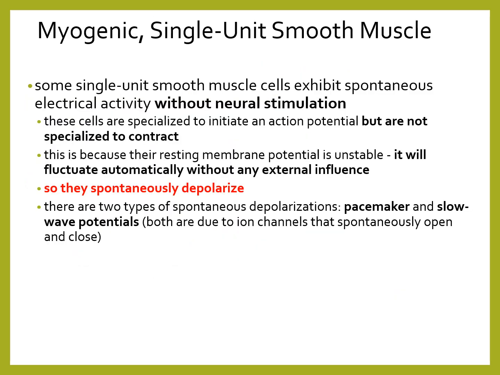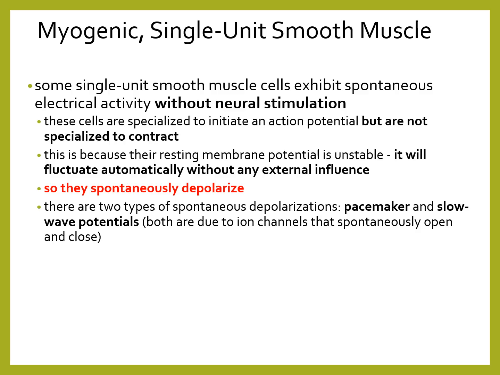What's really interesting about single unit smooth muscle is that they don't necessarily have to have neural stimulation. The smooth muscle cells of single unit smooth muscle can generate their own action potentials spontaneously. They do not need neural stimulation. Multi-unit smooth muscle does. So single unit smooth muscle does not.